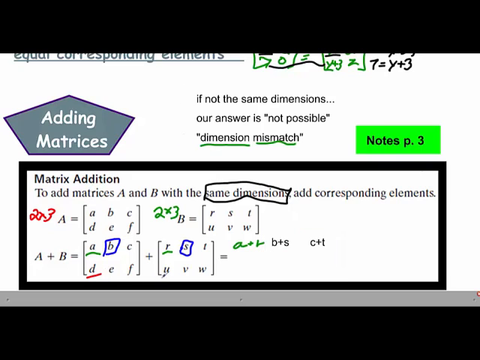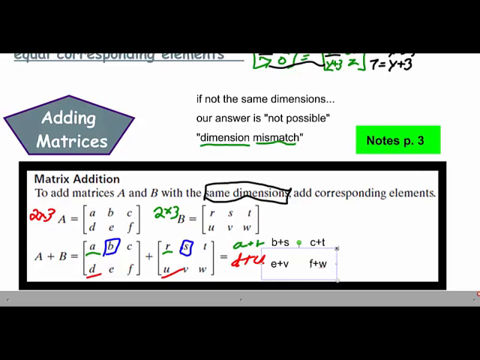D plus U is over here. And then for our last couple elements, we have E plus V. And last but not least, F plus W.